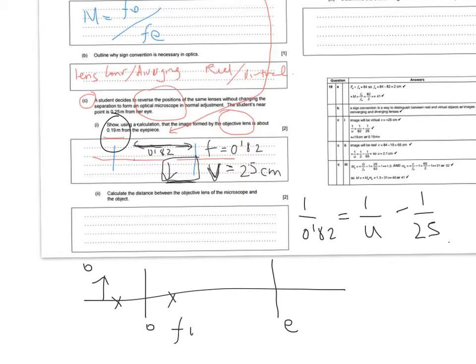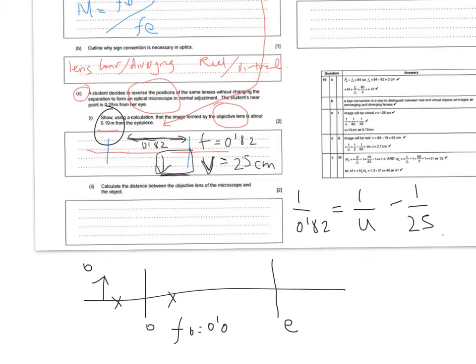Now we know that the focal length this time is 0.02. And the object will end up at a distance of 0.19 from the eyepiece. So we can easily work out using the formula exactly the same as before.